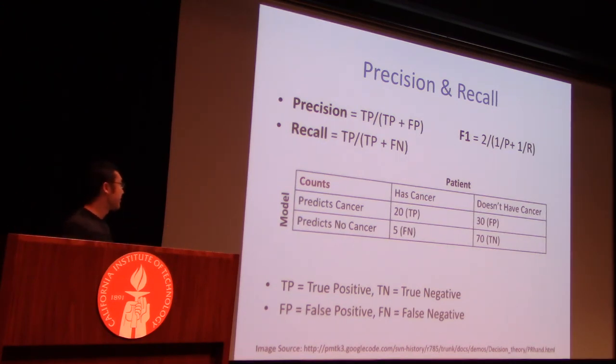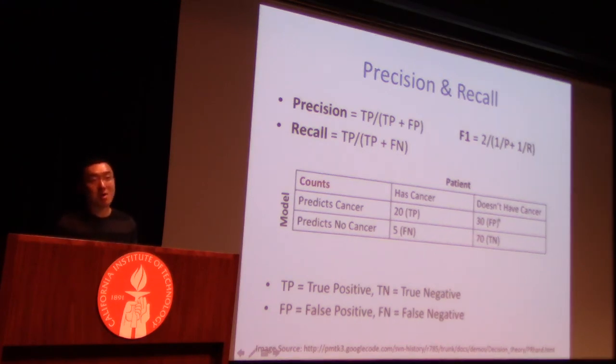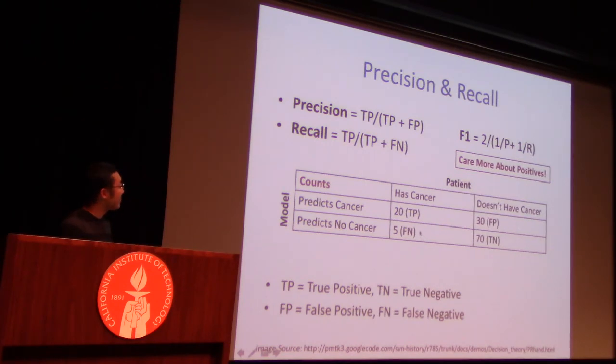A true positive is where the ground truth is positive and our model predicts positive. A false positive is if the ground truth is negative and our model predicts positive. A false negative is when the ground truth is positive, our model predicts negative. And a true negative is when the model predicts negative and the ground truth is also negative.